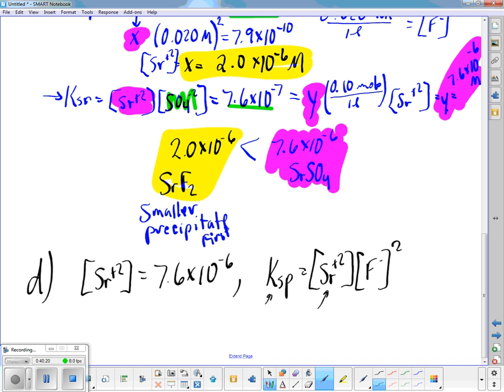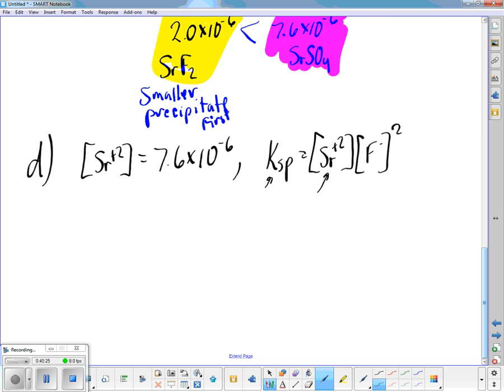Okay, so I plug in everything I know. Extend the page again, I've got a long page here. Okay, so I know that this is equal to 7.9 times 10 to the minus 10. I plug in everything else I know. So strontium is going to be 7.6 times 10 to the minus 6 times, now I'm going to call this x, so it's going to be x squared equals 7.9 times 10 to the minus 10.